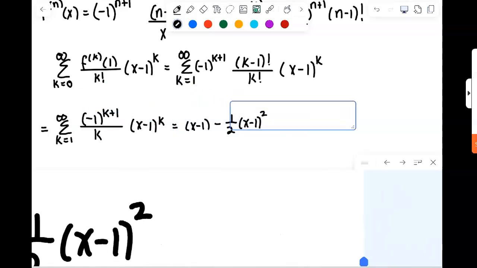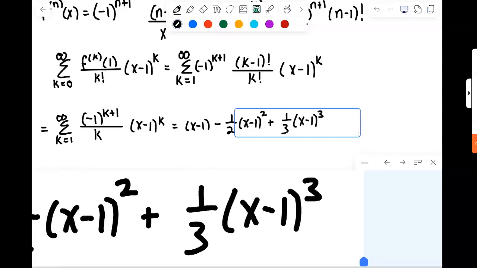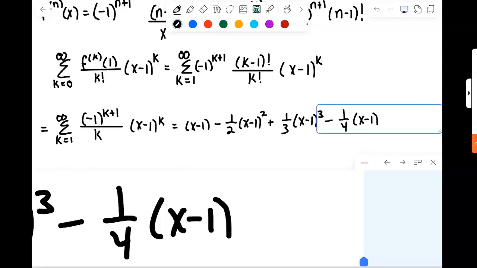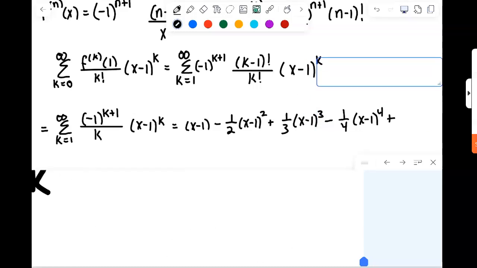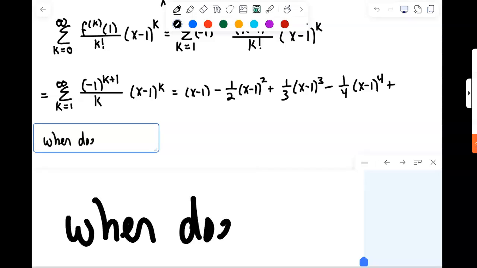Of course, 3 will be plus, so it'll be plus 1/3 x minus 1 cubed, and then minus 1/4 x minus 1 to the 4th, and then plus 1/5 x minus 1 to the 5th, and so on and so on.